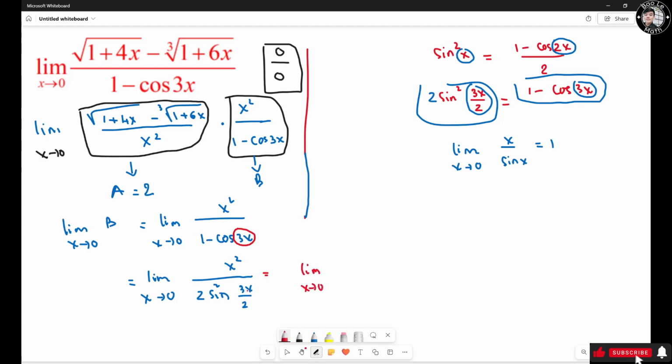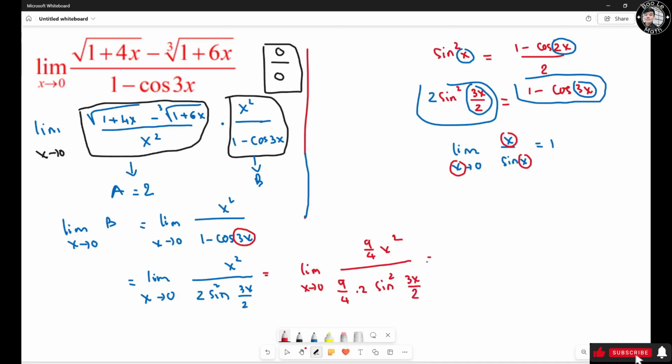Now the angle right here is 3s over 2. In order to apply this formula, this one, this one, and this one must all be the same thing. So for this one I just multiply the top and bottom by 9 over 4. So I have 9 over 4 s squared over 9 over 4 times 2 times sine of 3s over 2 squared.